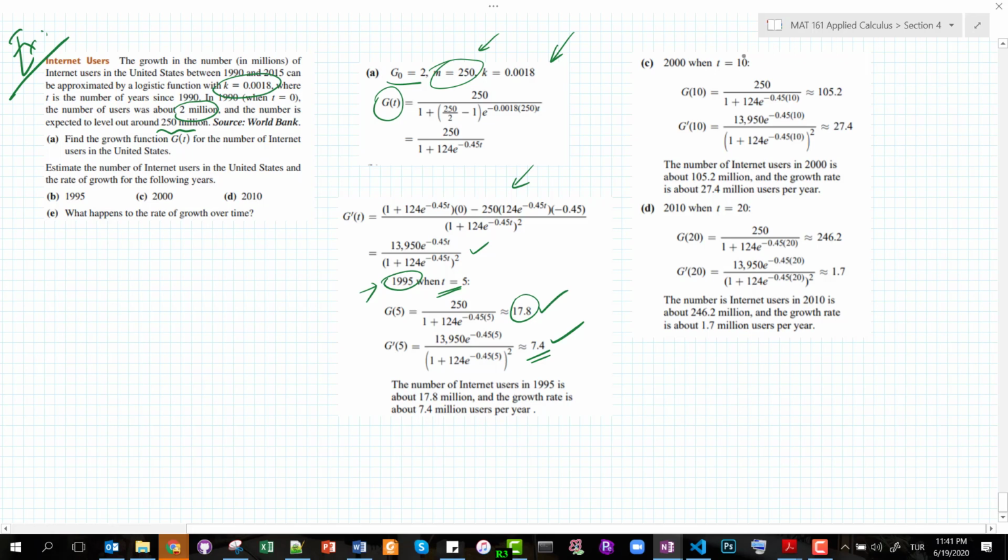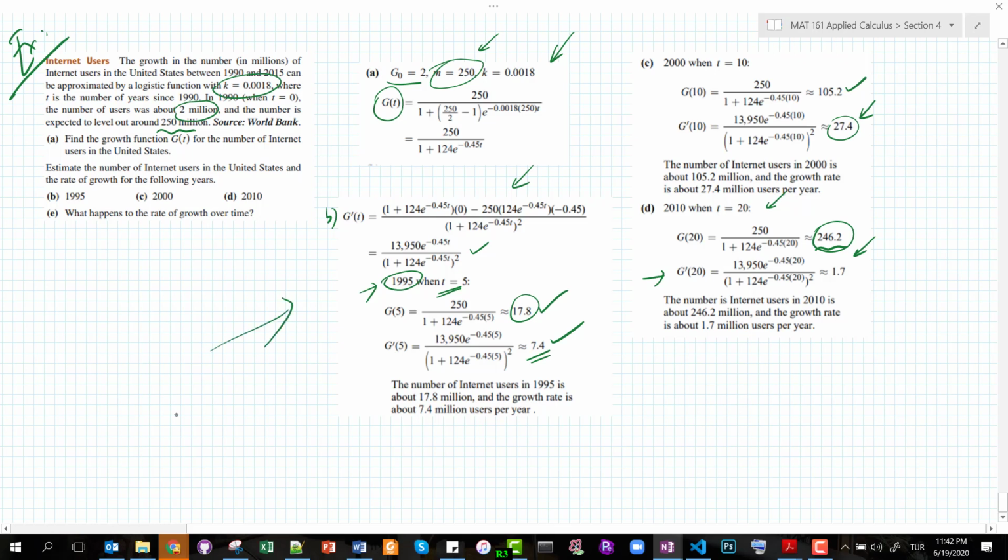As time increases, the number of internet users will, of course, grow. But after some time, as we might expect from the logistic function, the user number is going to increase, but it is going to level off, and the growth rate is going to decrease. That's how we use the logistic function to model that type of relationship.